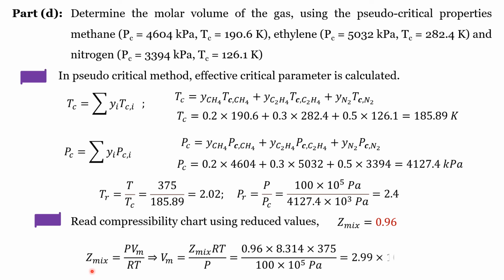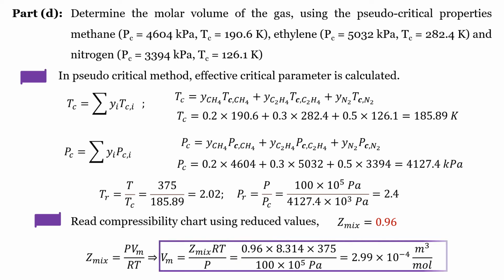Now we can write Z mixture equal to PVM by RT. So we can estimate the value of molar volume. Z mixture we have just estimated, and temperature and pressure for gas mixture are given in the problem. So after putting all values we got the value of molar volume.